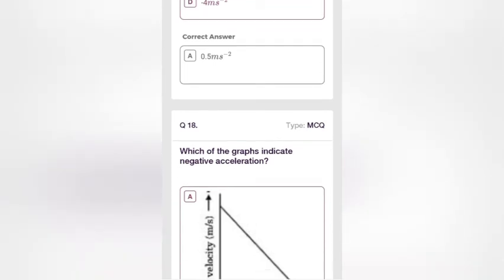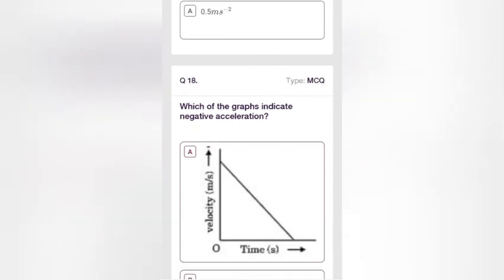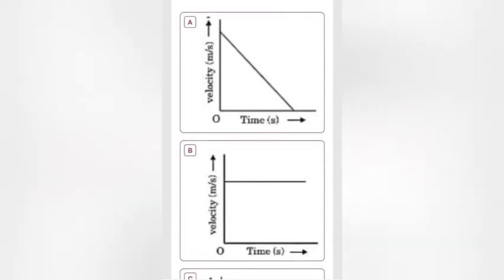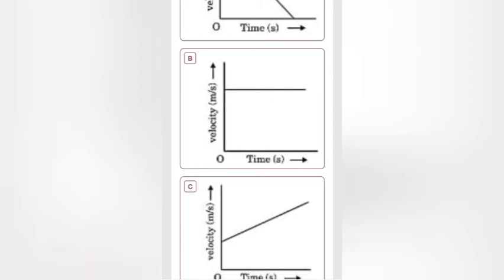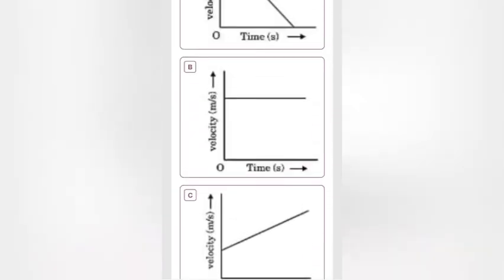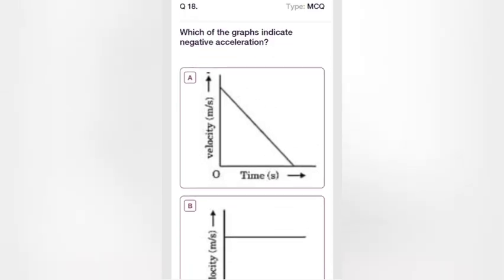Which of the following graphs indicate negative acceleration? See here, option A, observe all the options A, B, C and D. So among this, negative acceleration means velocity will decrease with respect to time. That is the meaning.